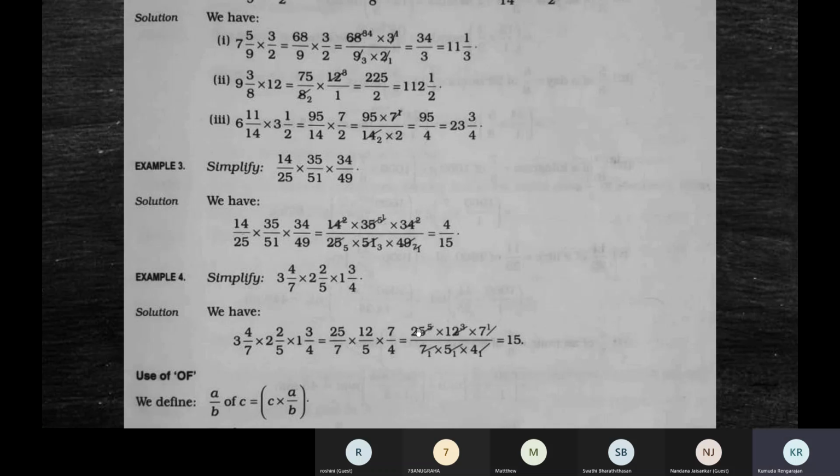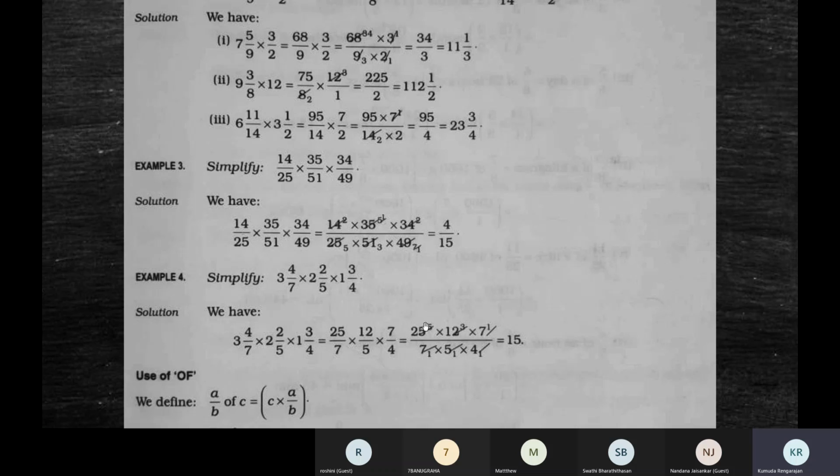Next, you can take 5 and 25. You should take one from the numerator and one from the denominator. Both 5 and 25 come in the tables of 5. Now 25 divided by 5, the answer is 5.